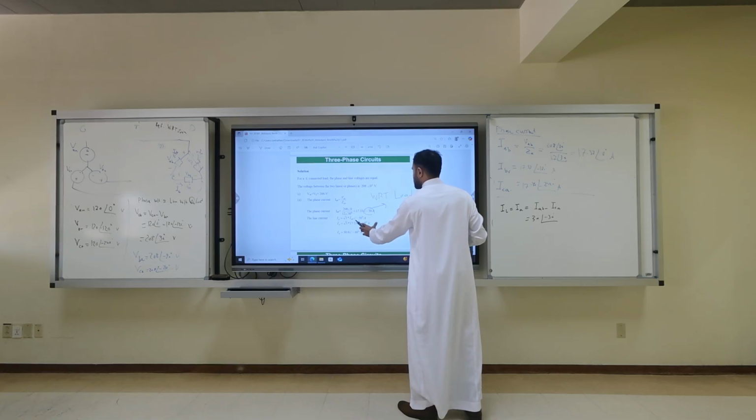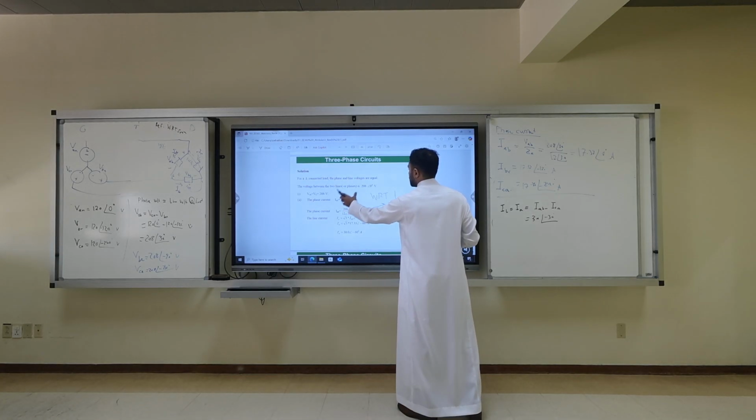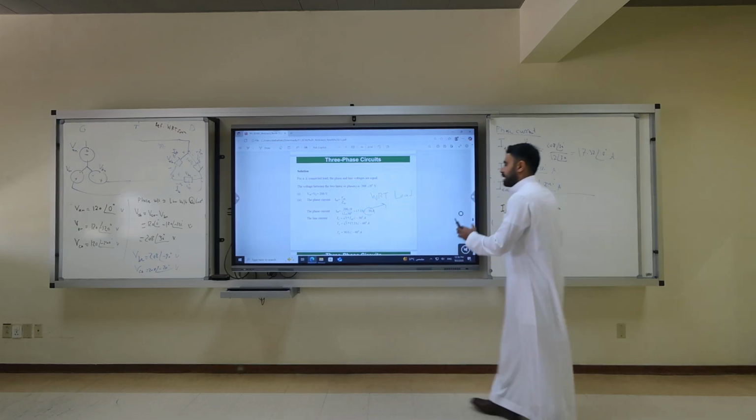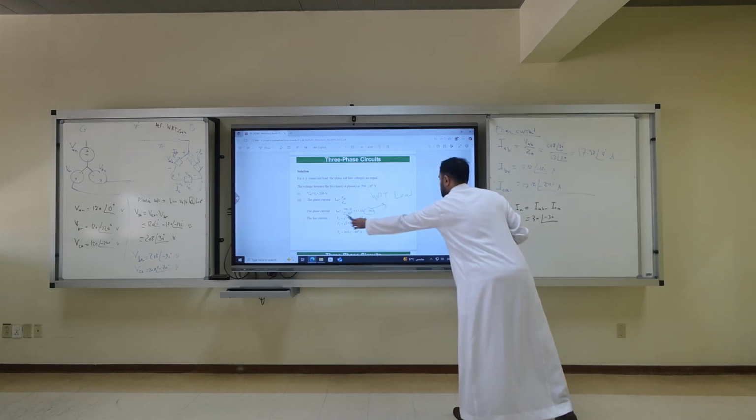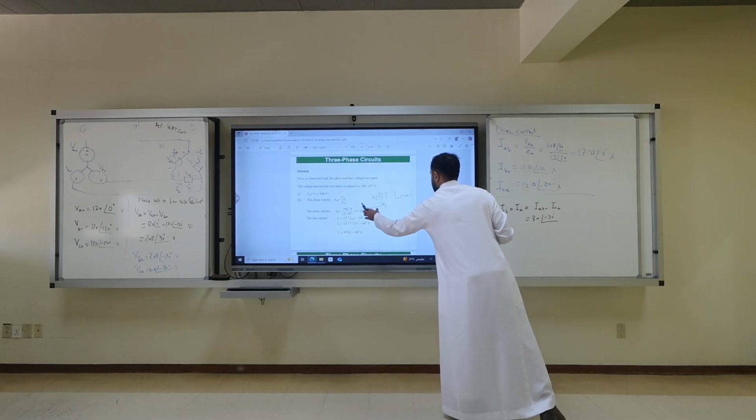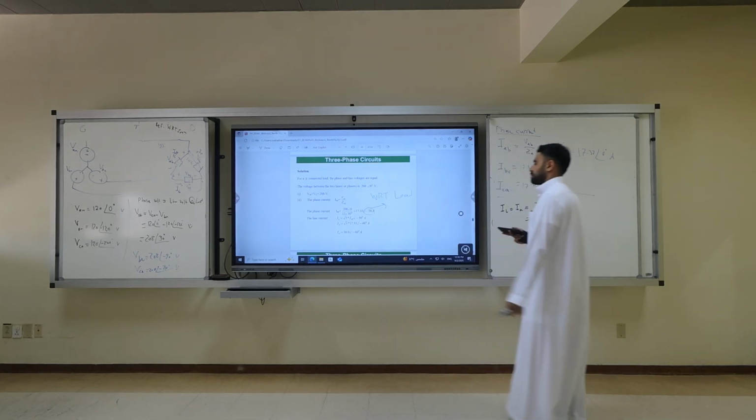So here it's minus 30 degrees with respect to the load. Again, if you shift it by 30, everything else, this will be 0, this will be minus 30. Okay?